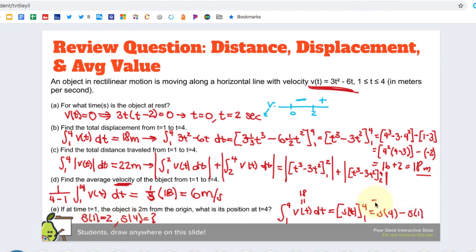So isn't that, I'm going to go backwards here, s of 4 minus 2? Because again, they gave us s of 1 is equal to 2. So can't we now solve for s of 4? Because we know this part's 18. Put it all together. 18 equals s of 4 minus 2, which means that s of 4 is 18 plus 2, or 20. And our position is in meters. So our answer is going to be 20 meters. So it's 20 meters from the origin.